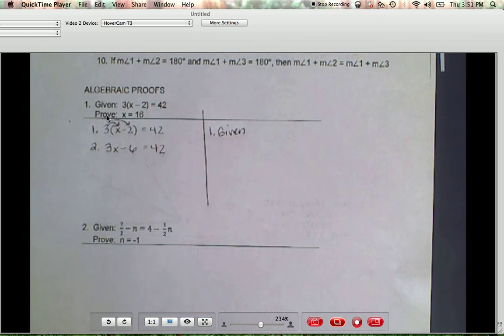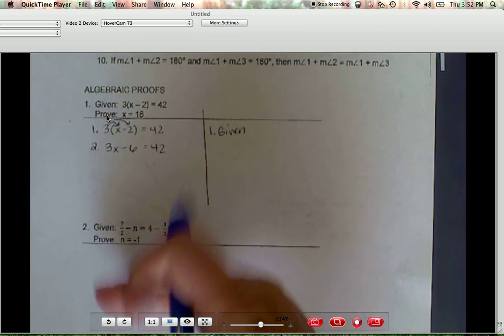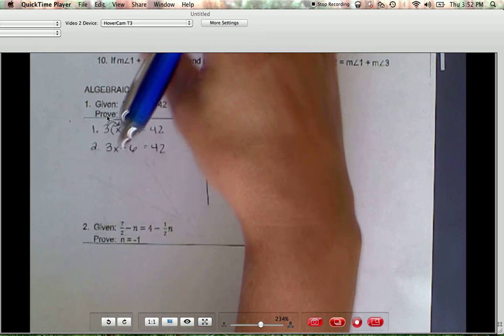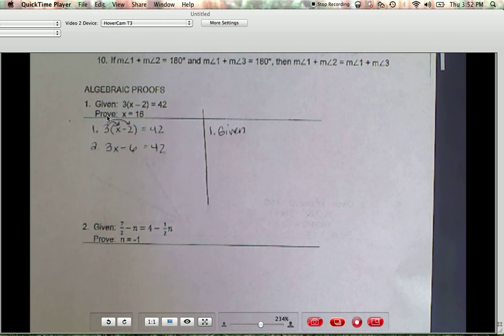Now, there are other properties that you can use: addition, subtraction, multiplication, division, distributive property. So as you move through these algebraic proofs, if you find that one of these things works for the examples at the top, you can go back and change your answers if you'd like.